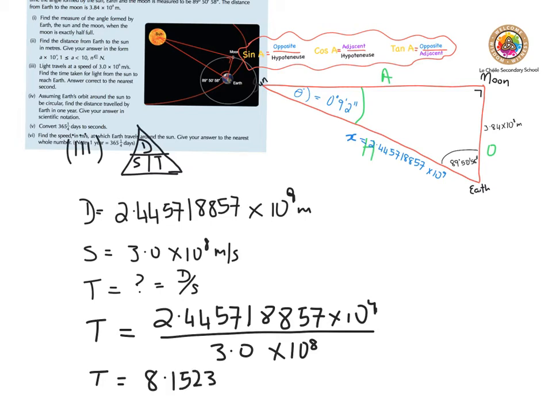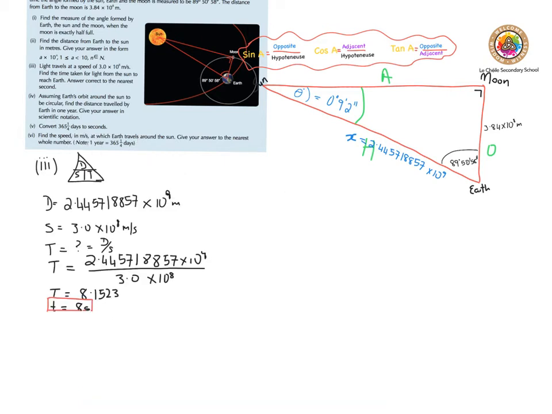And in the question, I'm asked to the nearest second, so I'm going to say t is equal to 8 seconds. So that's my answer to that part there, and again another red box around it. Okay, alright, so now we'll have a look at part 4.